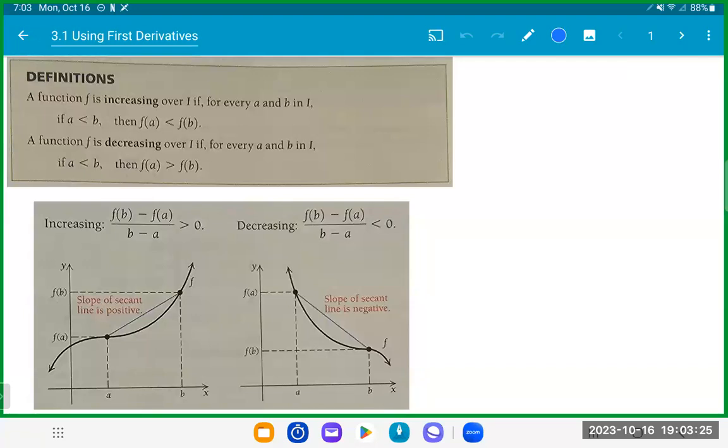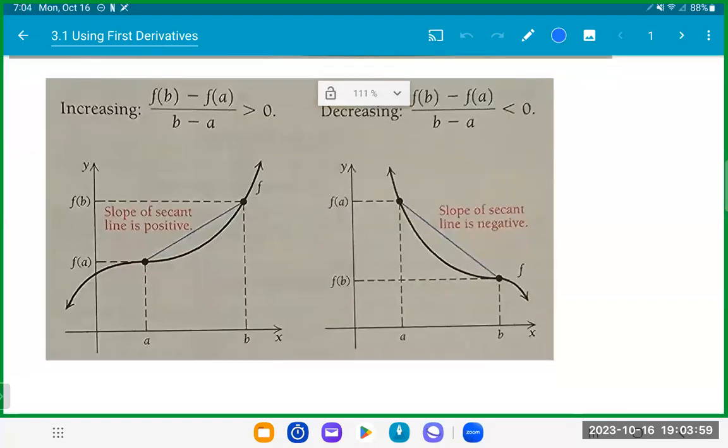Okay. And so I've posted here a couple of definitions for you. Nothing out of the norm, right? If a function is increasing over a specific interval, we can expect that if our A value is to the right of our B value, then the outputs of A will also be less than the outputs of B if our graph is increasing.